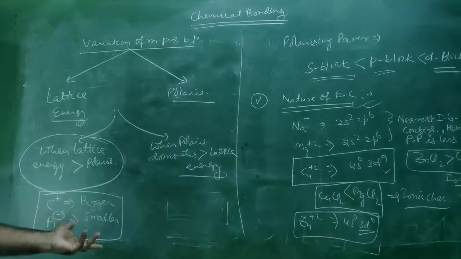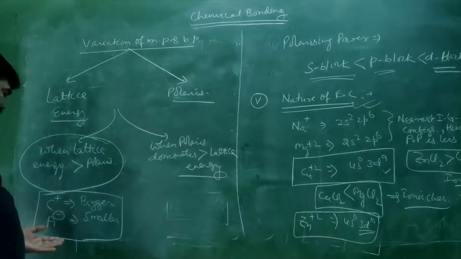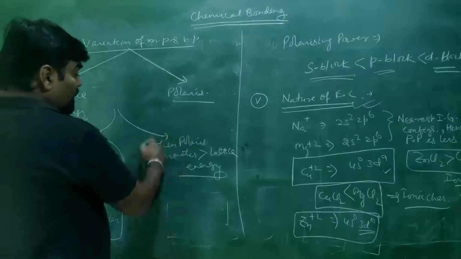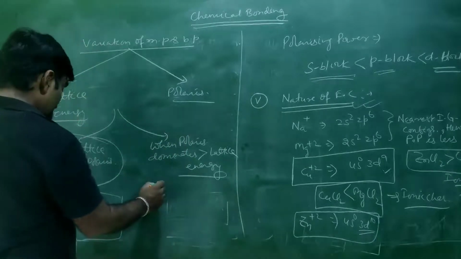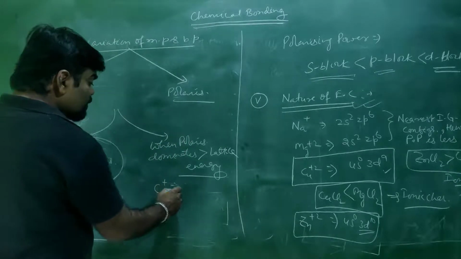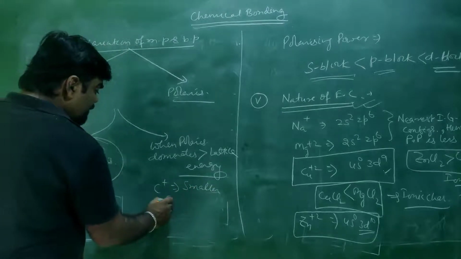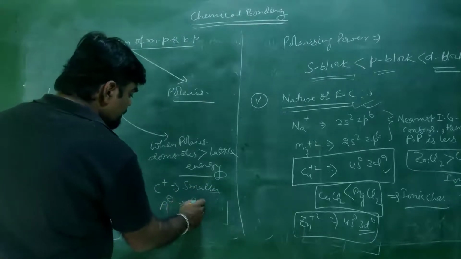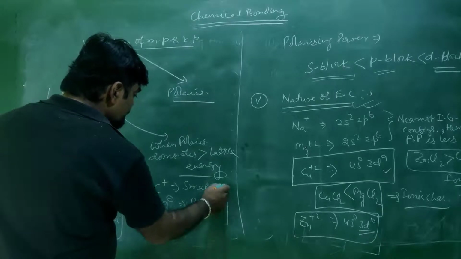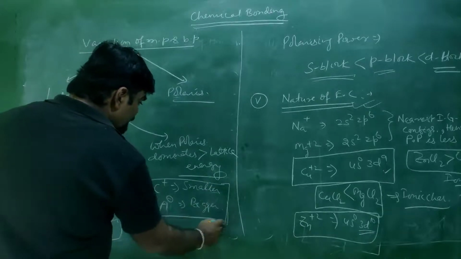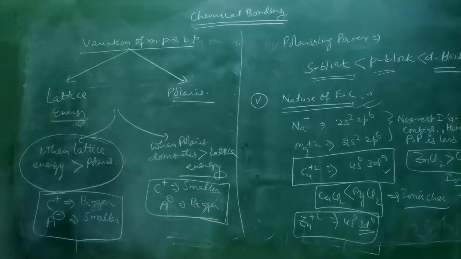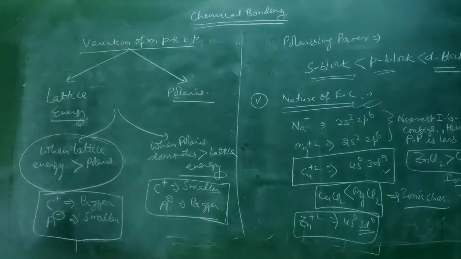When polarization dominates over lattice energy, the cation is smaller and the anion is bigger.